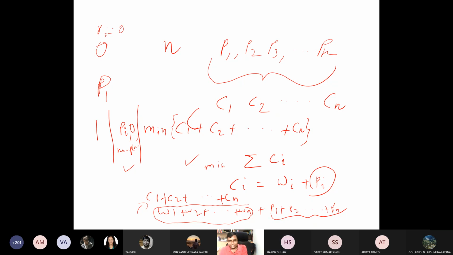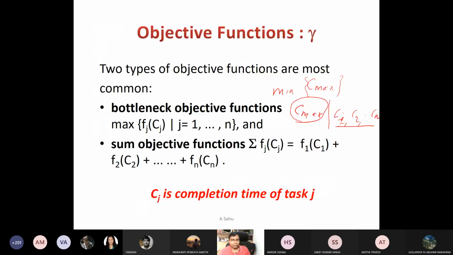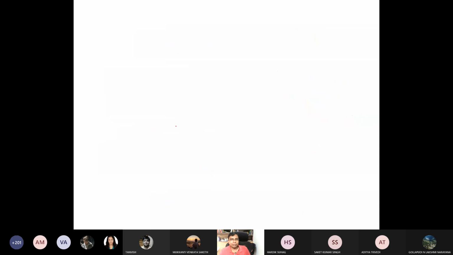Yeah. And this is the problem statement. What we are trying to do is formally state the problem of minimizing waiting time of n tasks on one processor with no preemptions. So how can we write this? This is 1, then this is alpha, beta, and this is gamma.